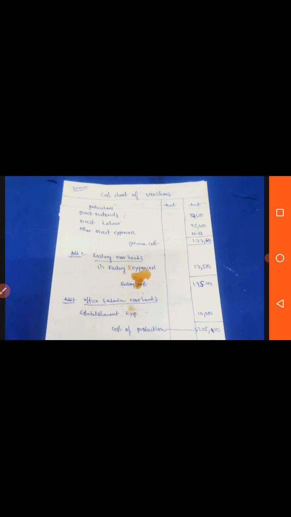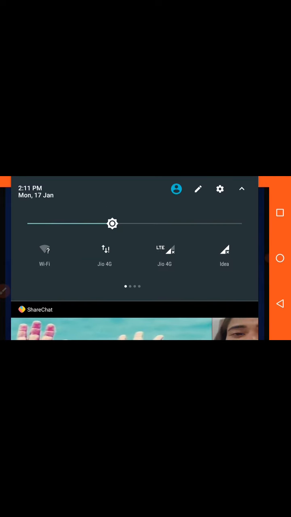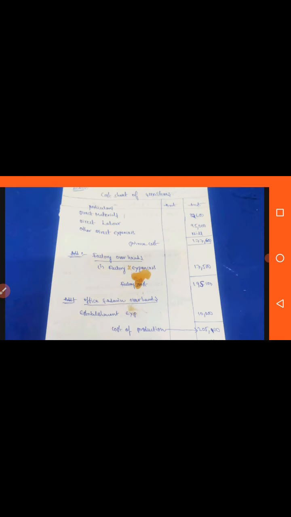Next, factory overheads, factory expenses. We already know factory expenses are 17,500. So 1,77,600 prime cost plus factory expenses 17,500 equals 1,95,100. This is called factory cost or work cost.